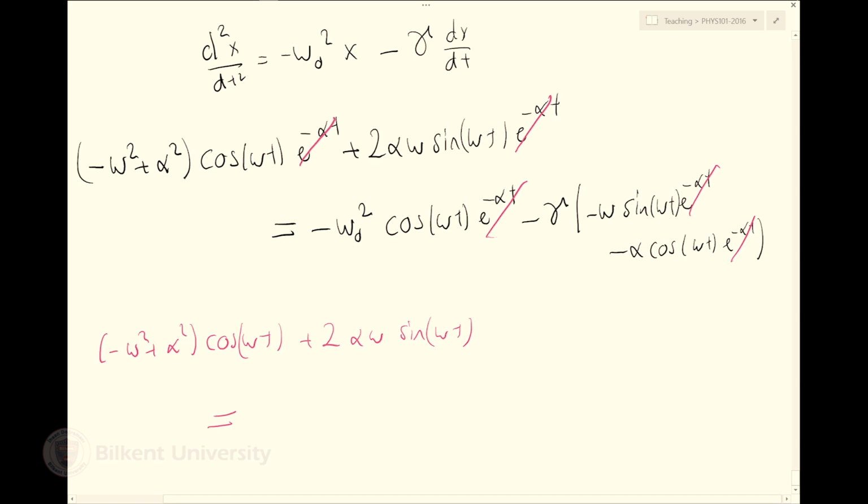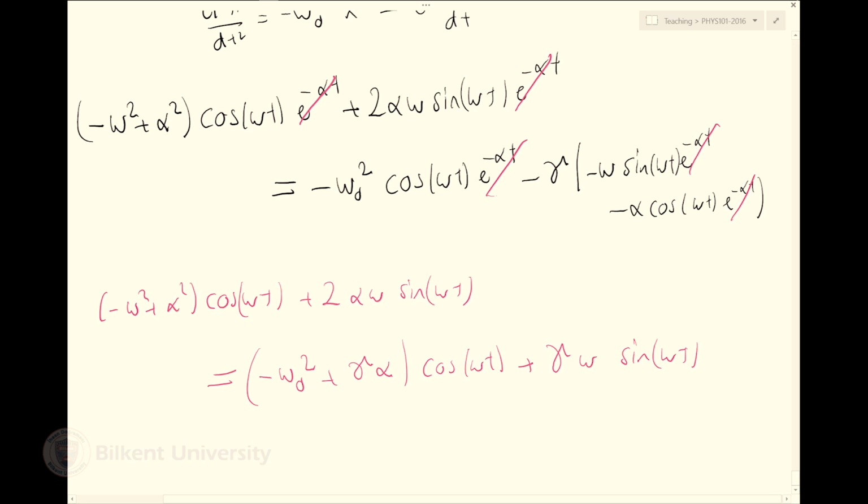I find minus omega 0 squared plus gamma alpha. How about the sine omega t? Plus gamma omega sine omega t.